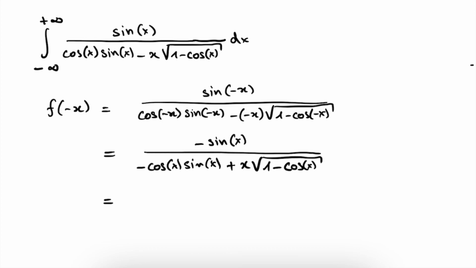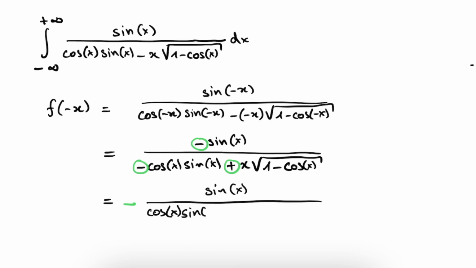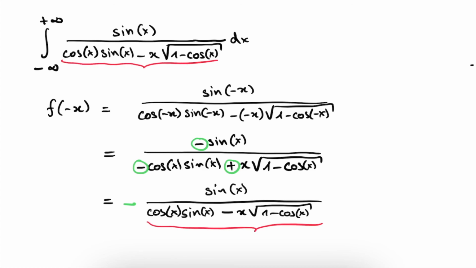Let's see what we can do here. This minus sign and this minus sign and this plus sign can all be swapped and put in front of the fraction. So we have minus the sine of x divided by the cosine of x times the sine of x minus x times 1 minus the cosine of x under the square root. And let's see what we have here now. This function indeed returns here exactly.